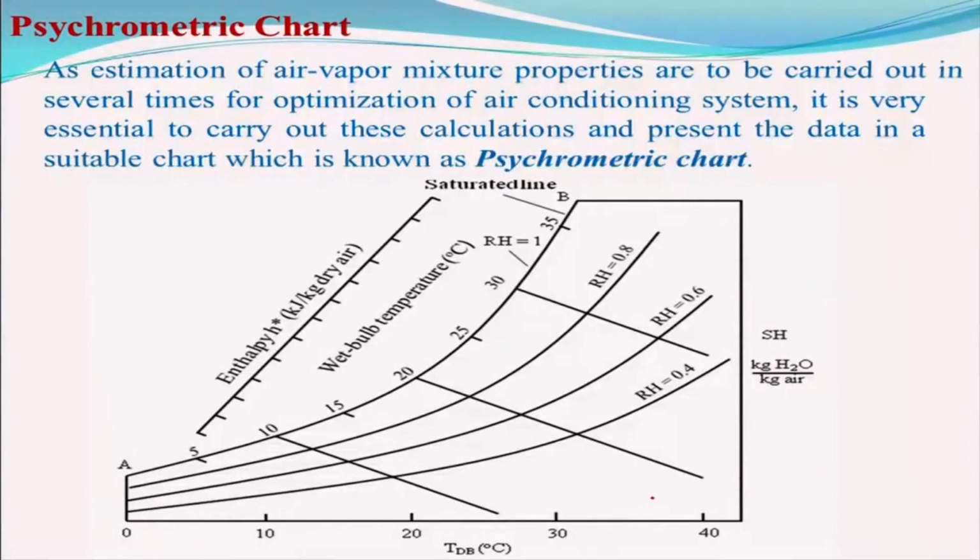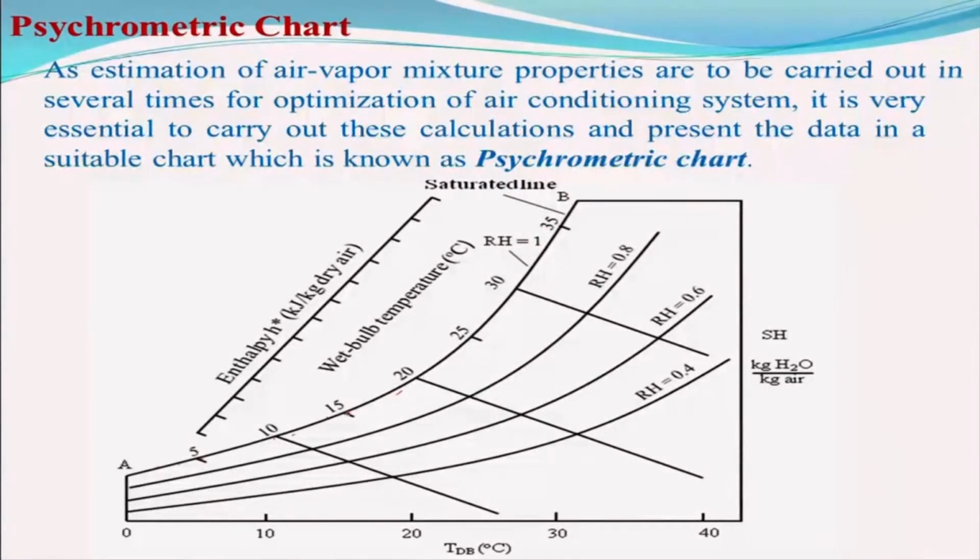Along the horizontal line the dry bulb temperature is shown, and on the vertical line the specific humidity is shown, that is kg of water per kg of air, right? And this line is basically giving me the wet bulb temperature, which also corresponds to the line RH equal to 1, that is the relative humidity.